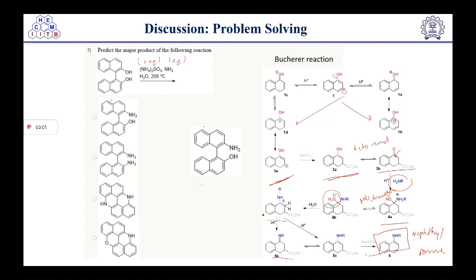So only one hydroxy group will undergo reaction to become an amine. The same procedure will be followed here and we will get the amine. But if this amine were further subjected to this reaction condition, we would get the diamine moiety. So by considering the one equivalent, the correct answer is option A.